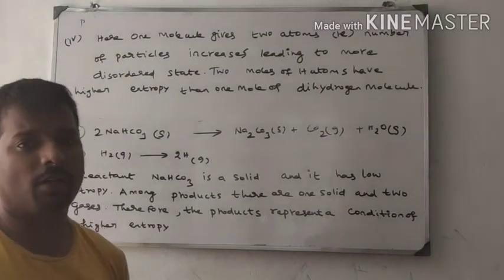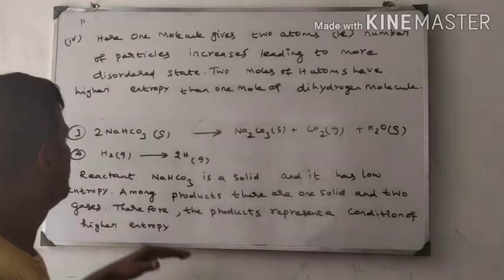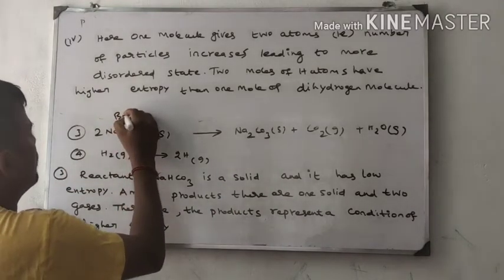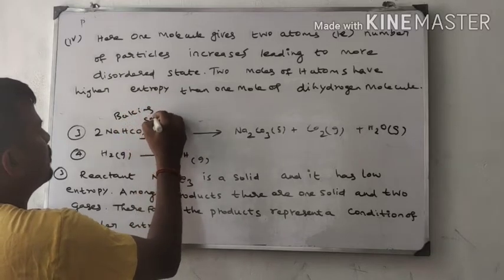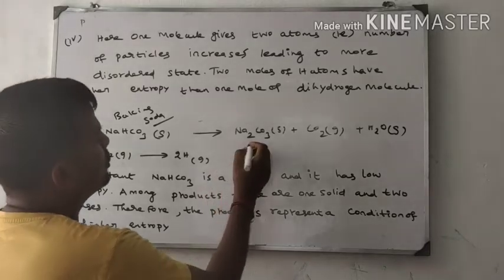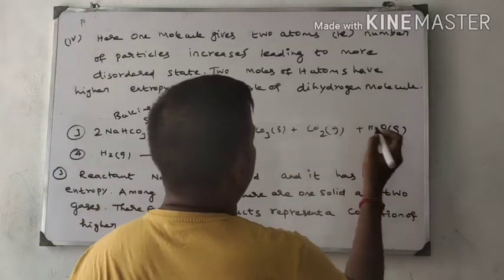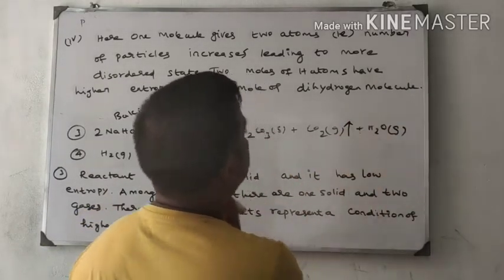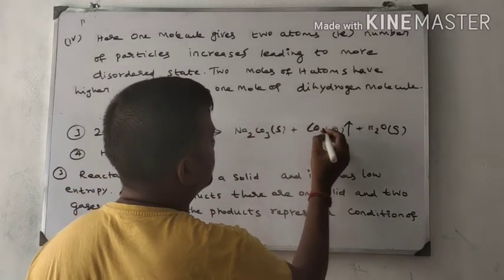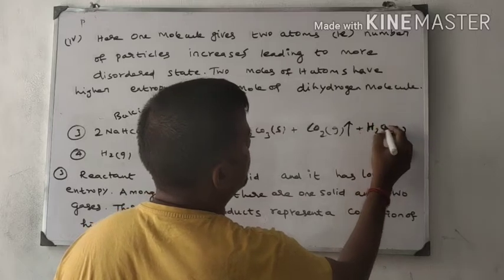Hello students, now I am going to explain the third question. 2 moles of sodium bicarbonate, baking soda. Sodium bicarbonate on heating gives sodium carbonate plus carbon dioxide plus water. So in this, solid, carbon dioxide, water.